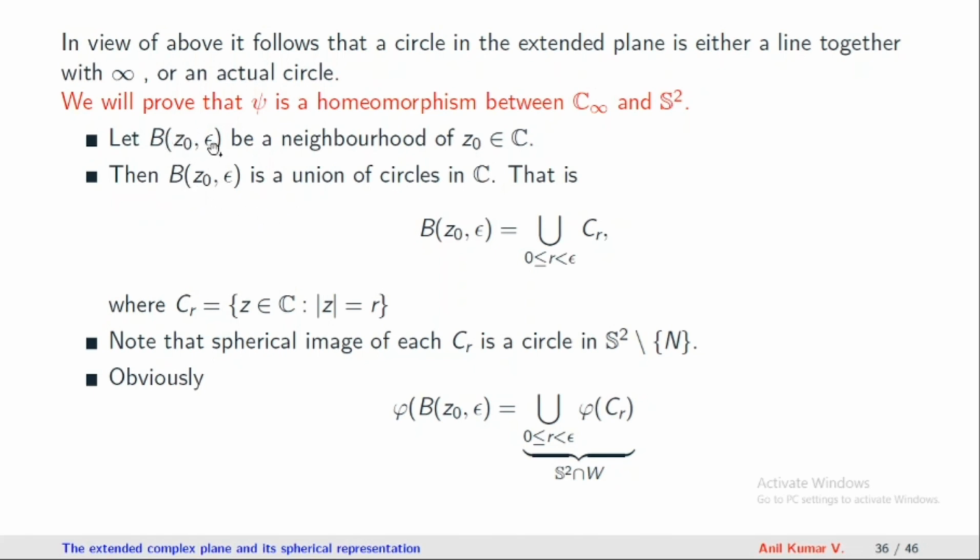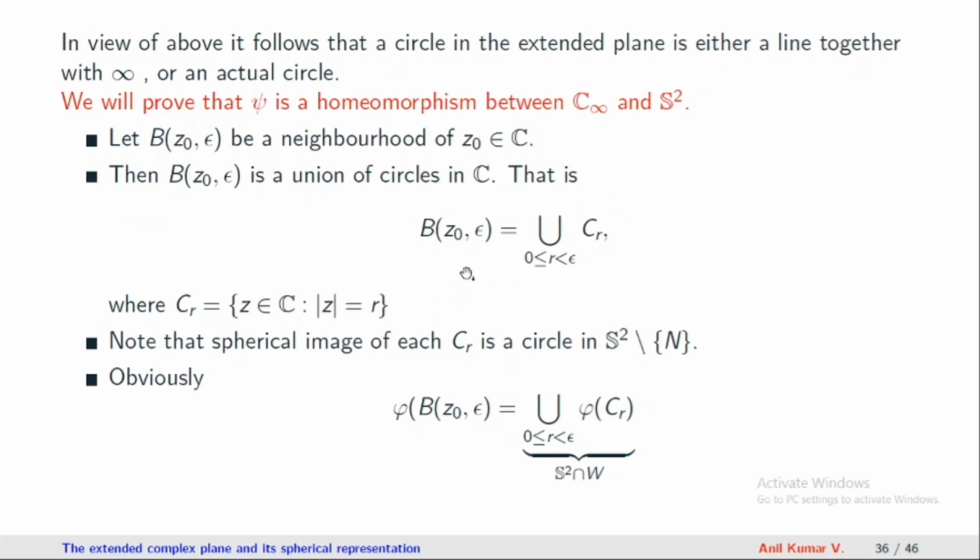That is, B(z0, epsilon) is an open disk in C, but every open disk in C is a union of sets of this form. Here CR is the boundary of the circle, the set of all z such that mod z is equal to R. That is, every open disk is the union of the sets CR, where R varies from 0 to epsilon. Here epsilon is not included.